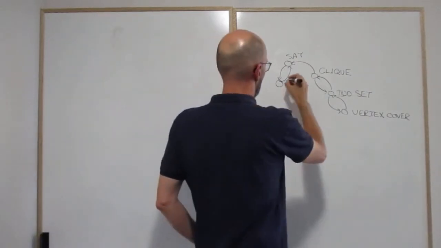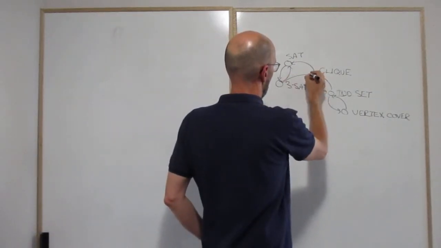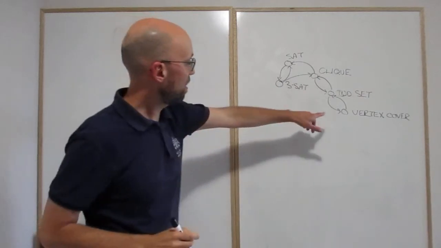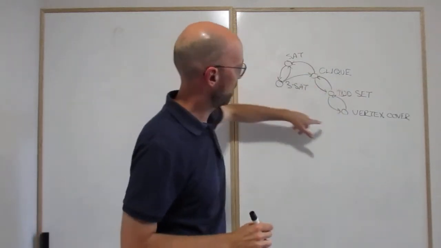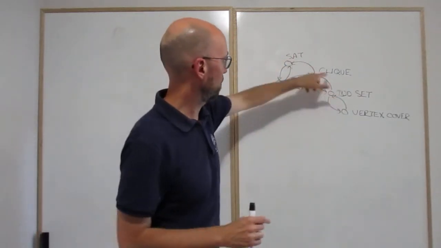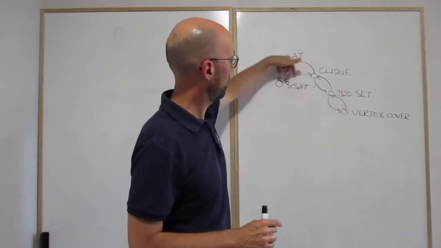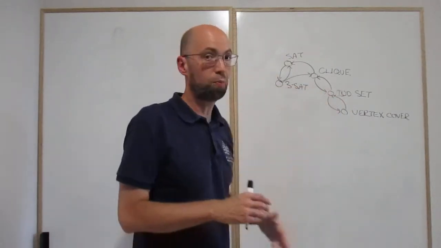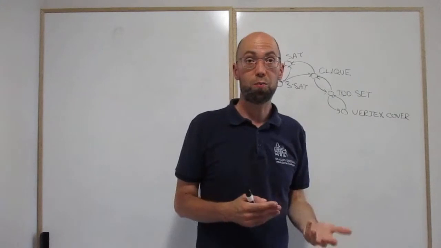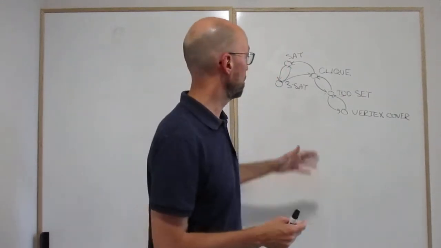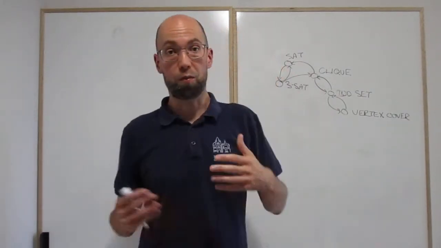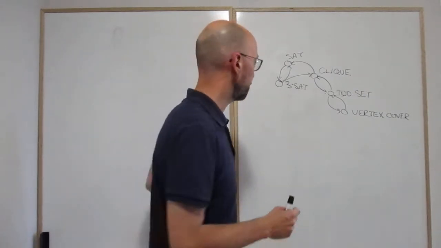And then we saw you could reduce 3 sat to clique. So from any of these problems, you can reach any of the other ones in a constant number of steps, each of which takes polynomial time. Composition of polynomials is polynomial. Therefore, if you solve any of these in polynomial time, you solve all of them in polynomial time.